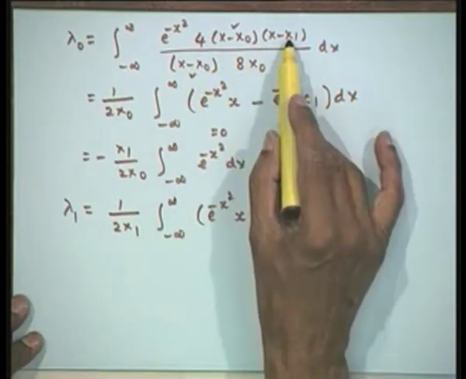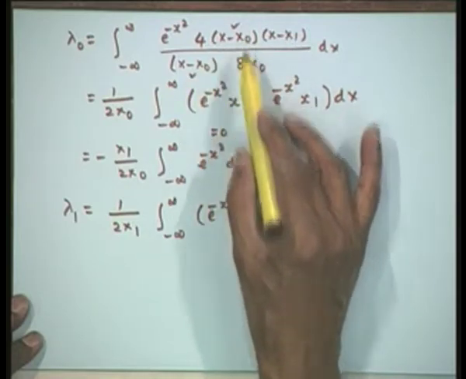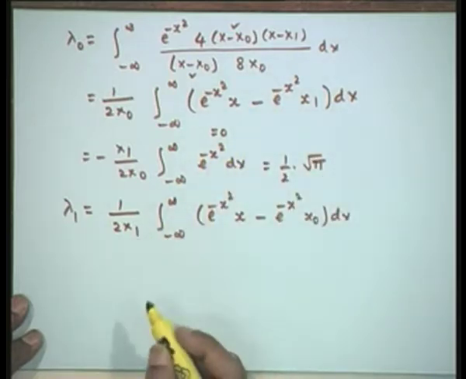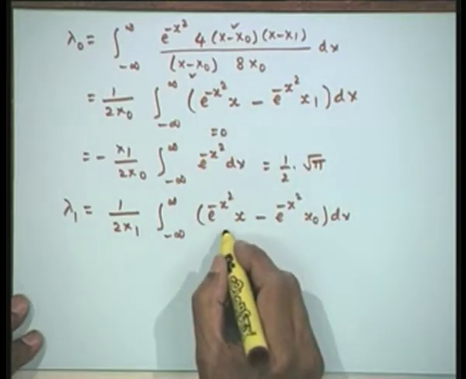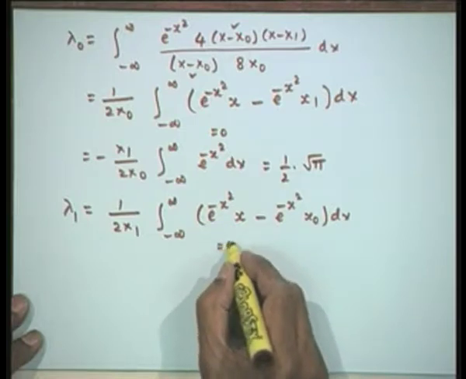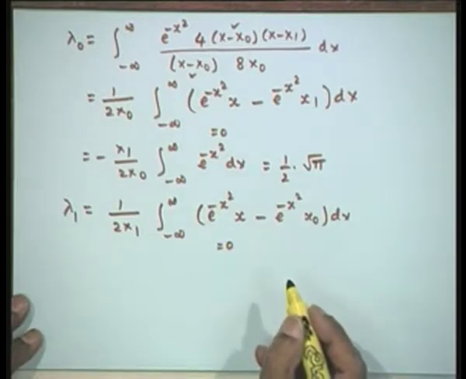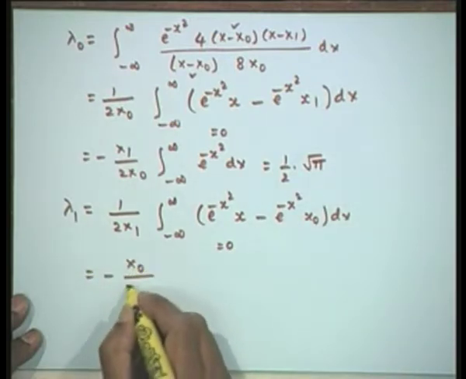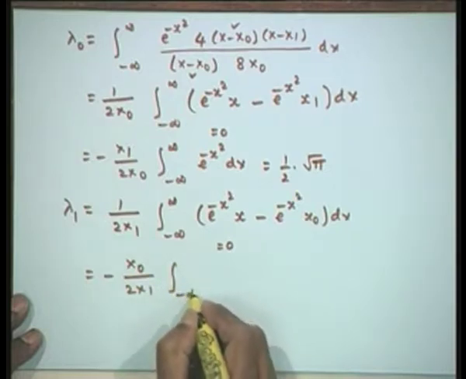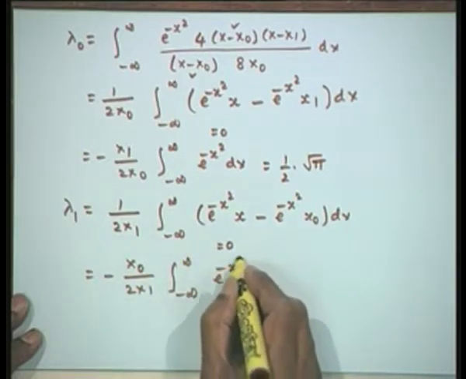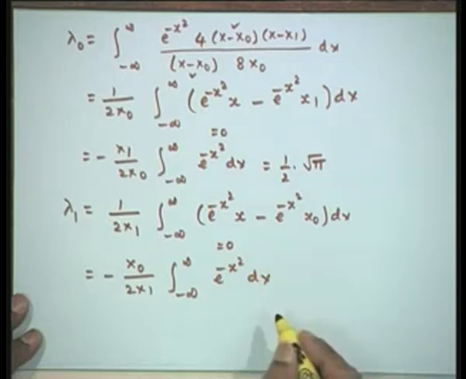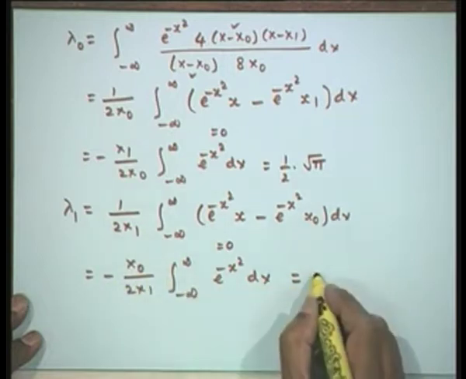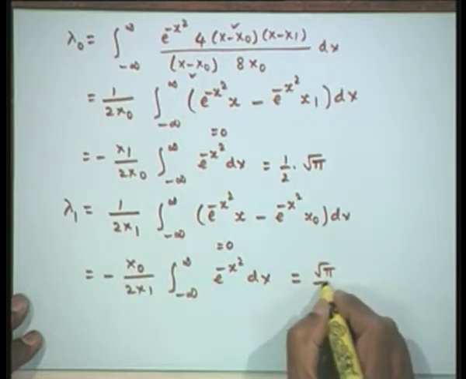The numerator will be left with x minus x naught, denominator is x 1. Again for the same reason, this is an odd function, therefore, the value of this first integral is again 0. I take out minus x naught, so I will have x naught upon 2 x 1, integral from minus infinity to infinity of exponential of minus x squared dx, and the ratio is minus 1, therefore, again I get this as root pi by 2.